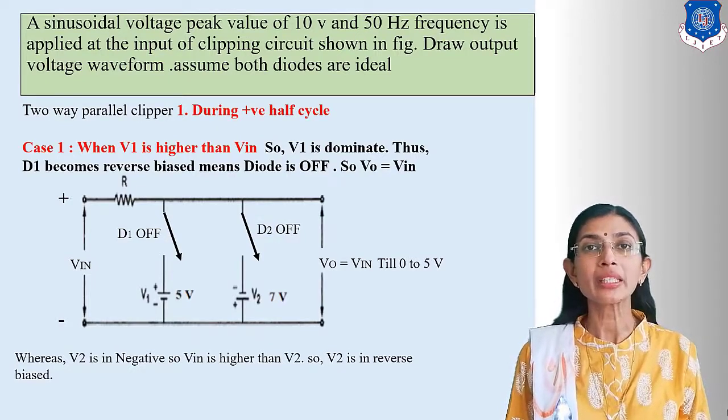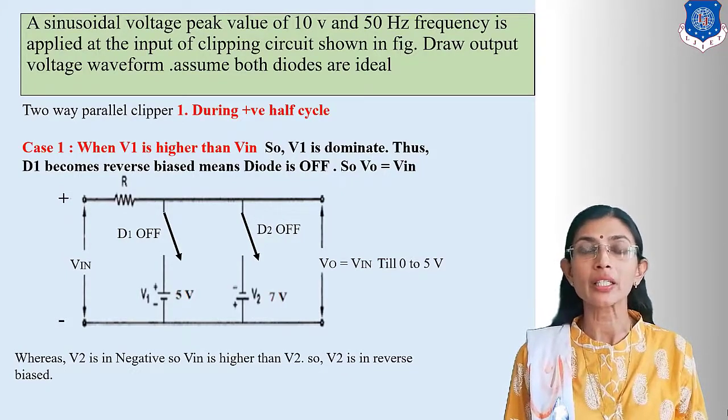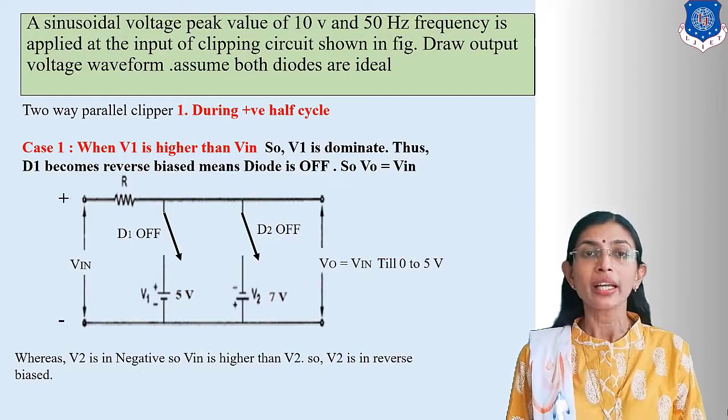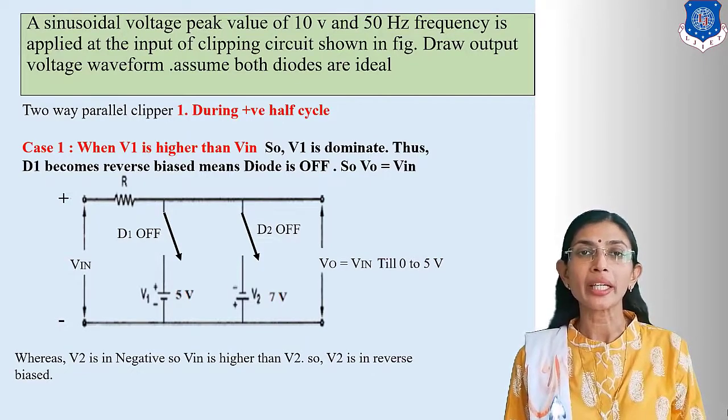So let me explain this example by the cases. We will consider the first case, that is during positive half cycle. We will compare the input and V reference. We have the two V references, V1 and V2, the first is a plus 5 volt battery and the second is a minus 7 volt battery. According to that, case 1, when initially input is less than V1, that means V1 is higher than V input, V1 is dominating, that means V1 is effective.